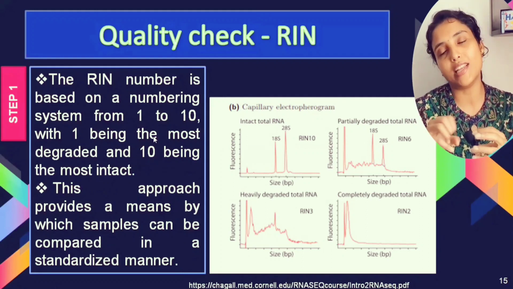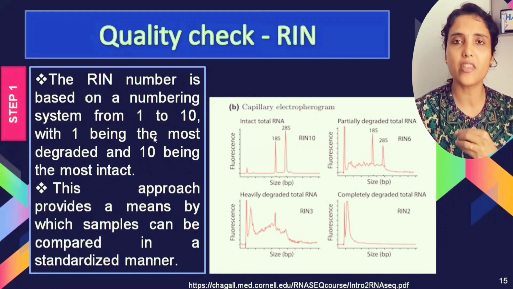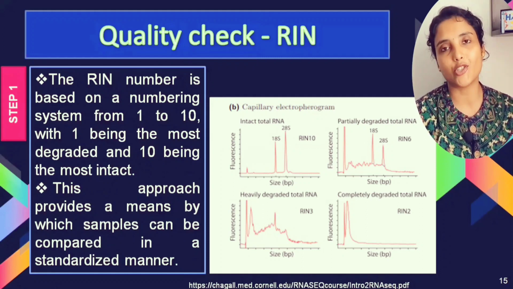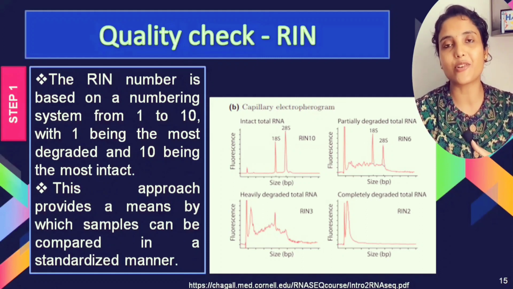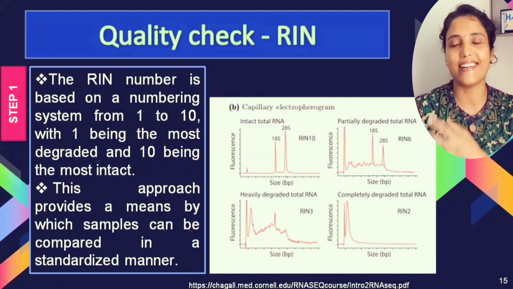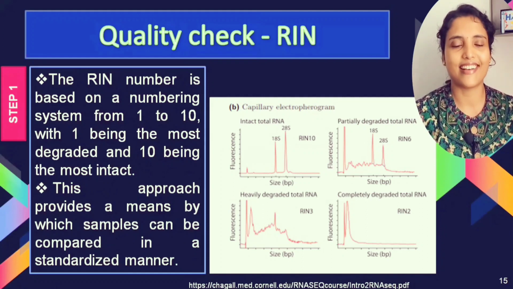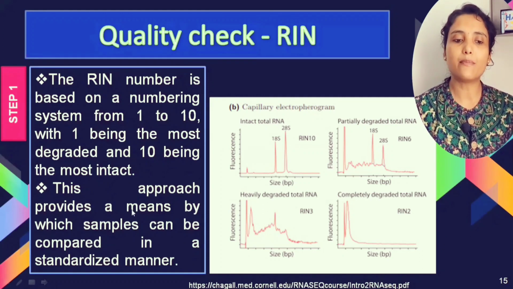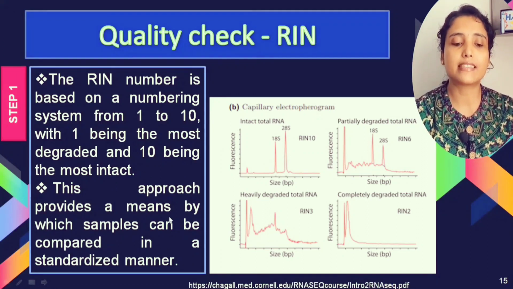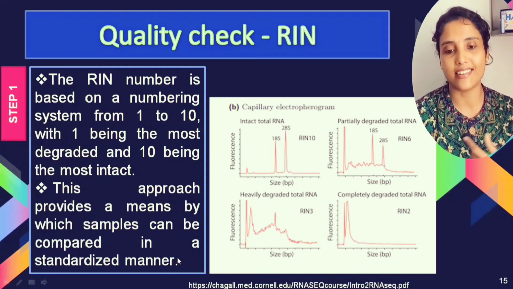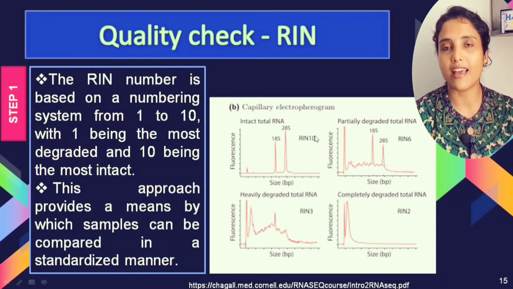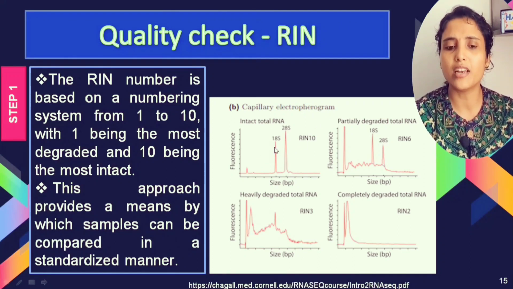All the samples are assigned a particular number from 1 to 10, depending on how intact your RNA is. If it is very intact or not degraded at all, the RIN will be 10. As simple as that. This approach provides a means by which samples can be compared in a standardized manner. You can see over here an example when RIN is 10: two clear peaks.